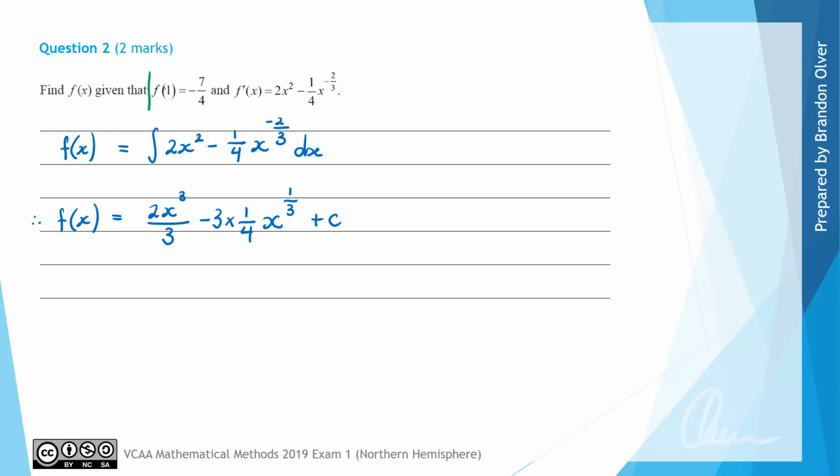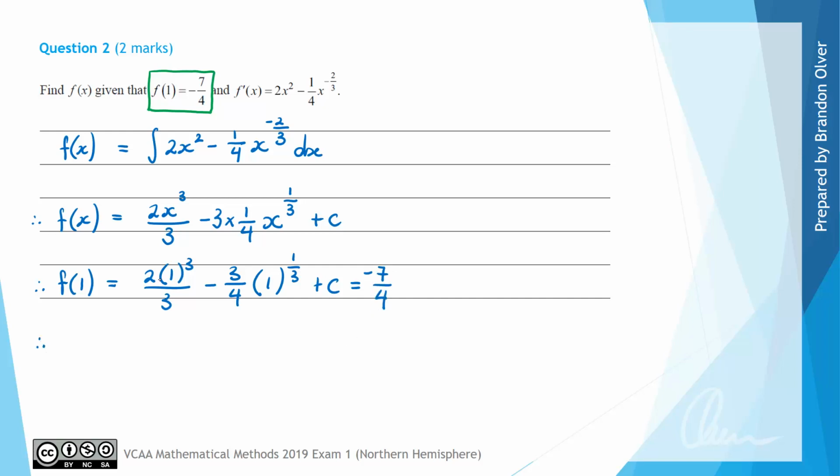In this case, we're given the information that f of 1 is equal to negative 7 over 4. So therefore, f of 1 is going to equal 2 times 1 cubed over 3 minus, and this is 3 over 4 times 1 to the power of a third, plus c, and we know that is going to equal minus 7 on 4.